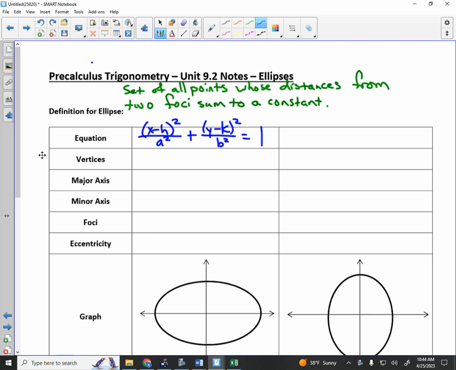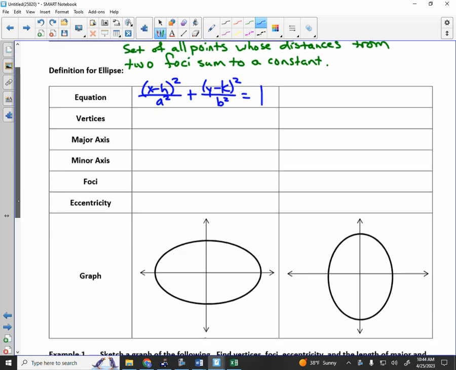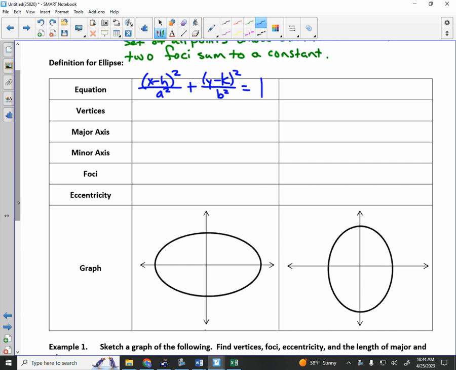And if you notice here, we have x and y. We have two sums, so the set of all points whose distances from two foci sum, so they sum to a constant. See that? So ellipses being sum, and they have a constant there. So the center is going to be (h, k).